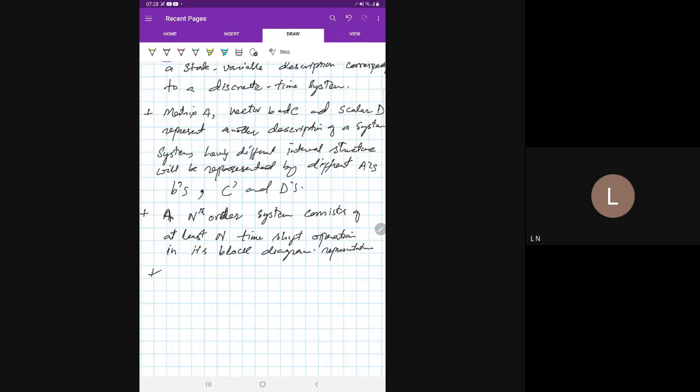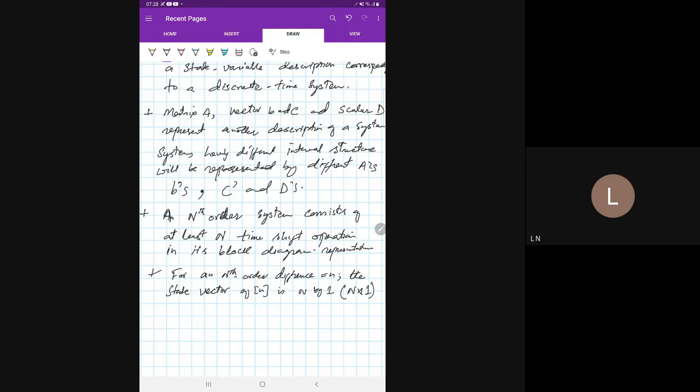And we also say that for an nth order difference equation, the state vector, which is q of n, will always be n by 1.